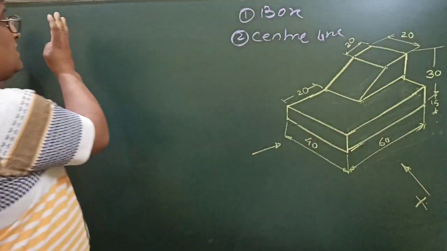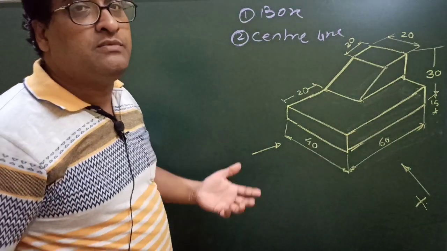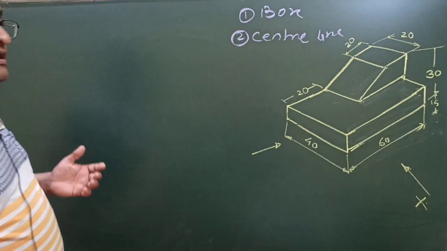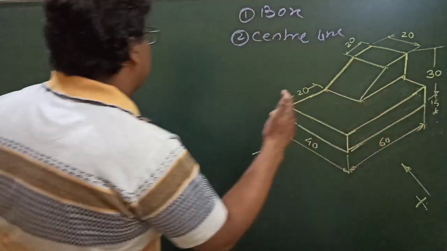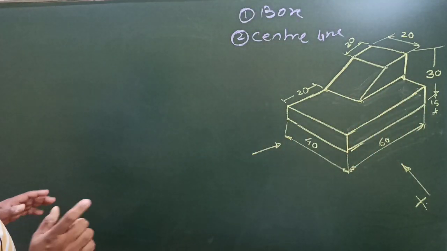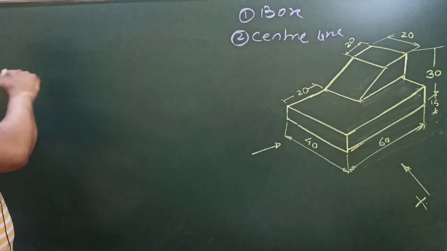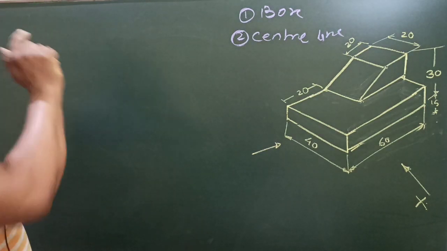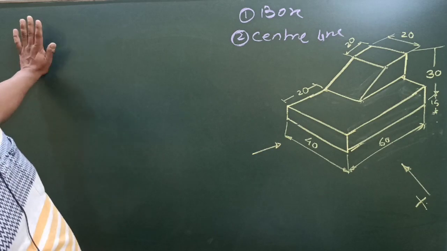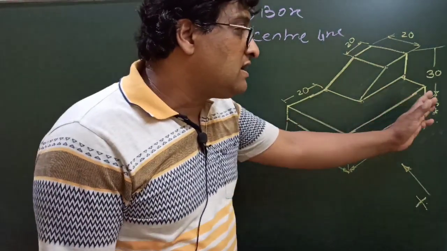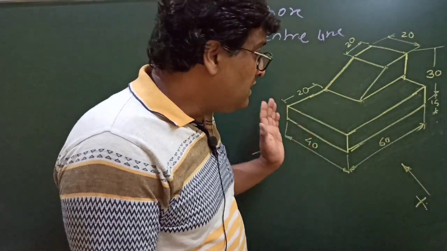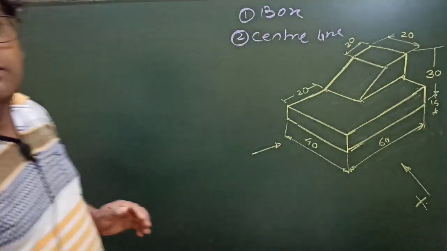So you should start either here or keep some space for the side view. Similarly, for the right side view, in case of first angle projection, you have to keep some space on the left of the front view so that the right side view will be drawn here. So as we talked, right side view goes to the left of the front view, left side view goes to the right of the front view.